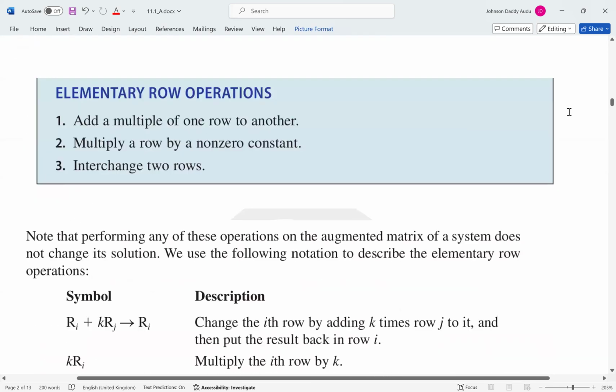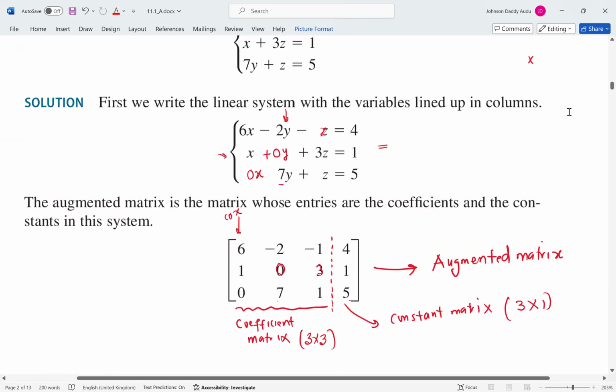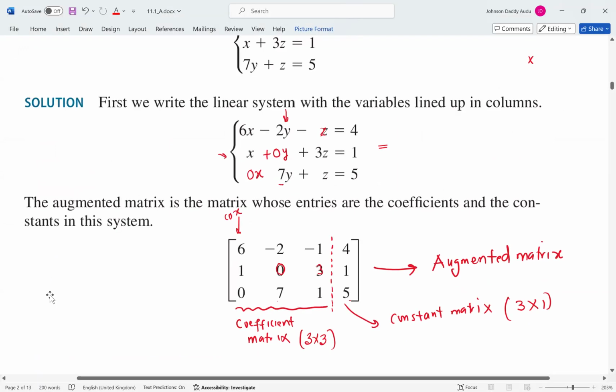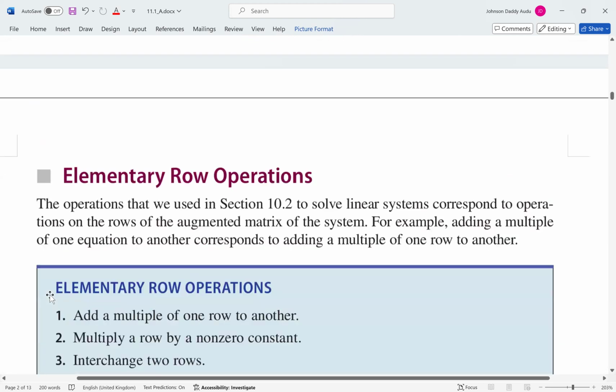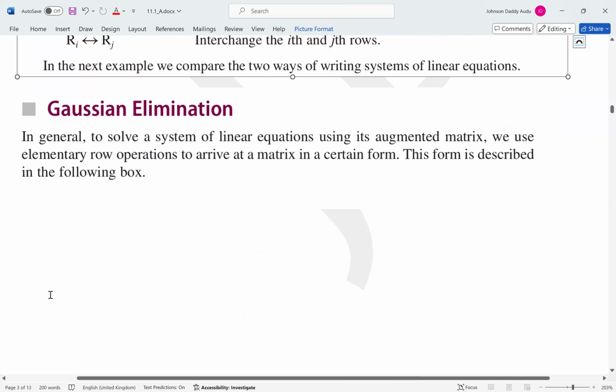The next thing is how to solve this linear system of equations. If you have a linear system of equations, we can solve it. Already we know from chapter 10 that we can solve it using substitution or elimination. But here we'll be talking about two different methods: Gauss-Jordan and Gaussian elimination.